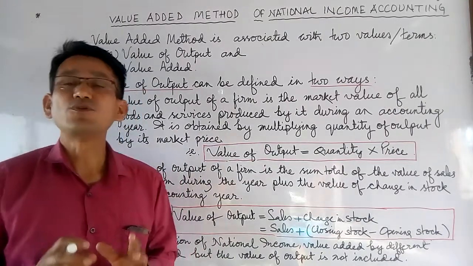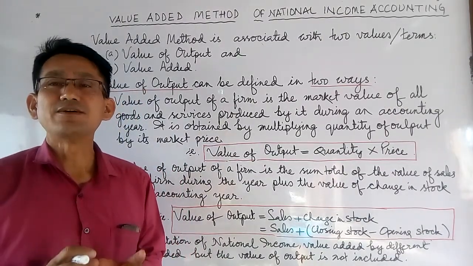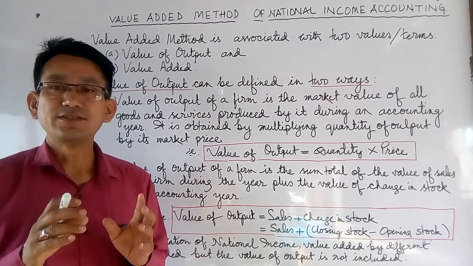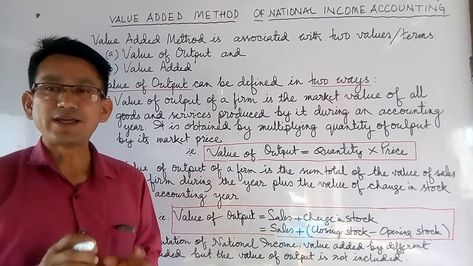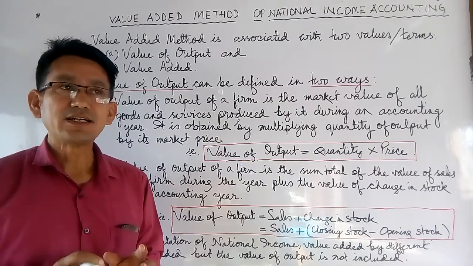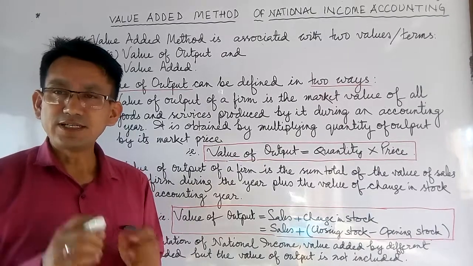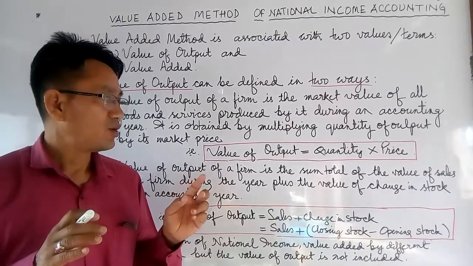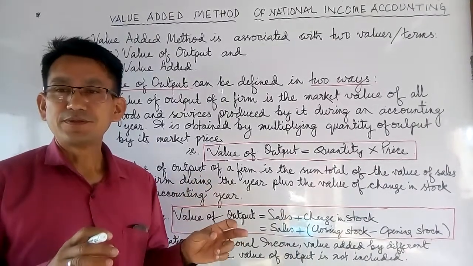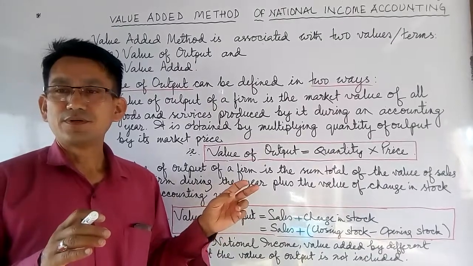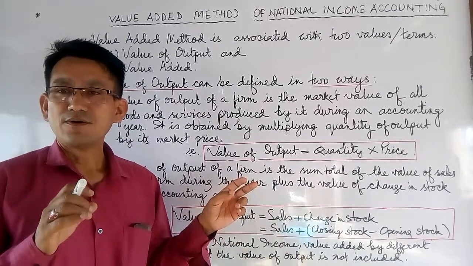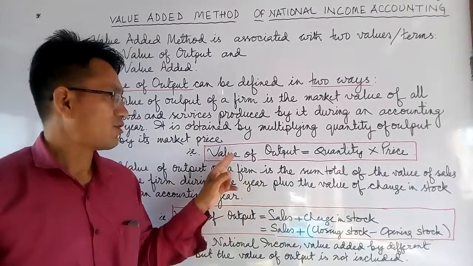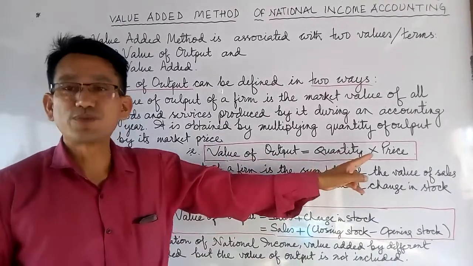The value of output of a farm is the market value of all the goods and services produced by it during an accounting year. It is obtained by multiplying the quantity of output by its market price. So value of output is nothing but the quantity into price.